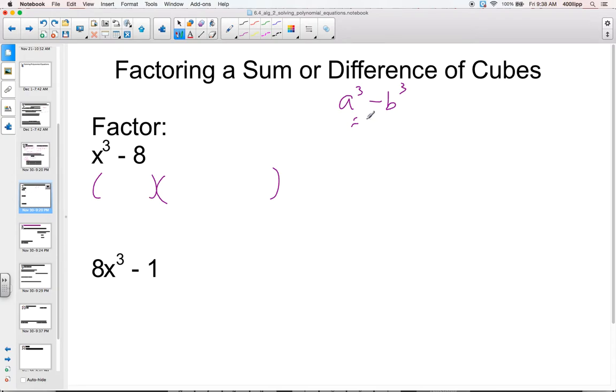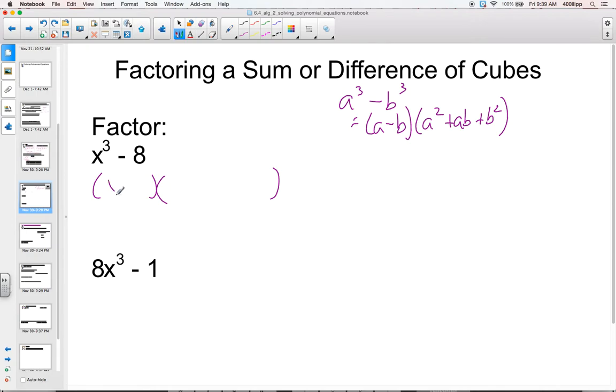So this is going to be a minus b times a squared plus ab plus b squared. That's what it's factored out to be.